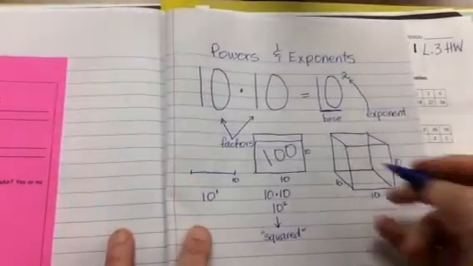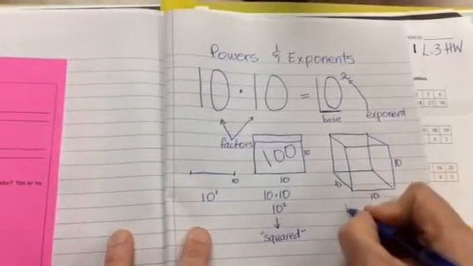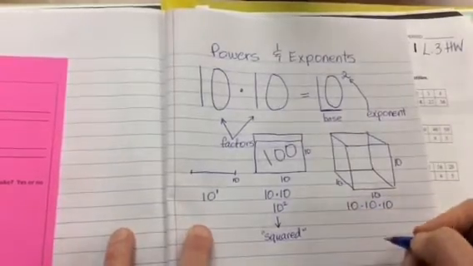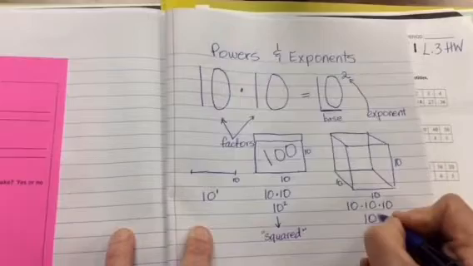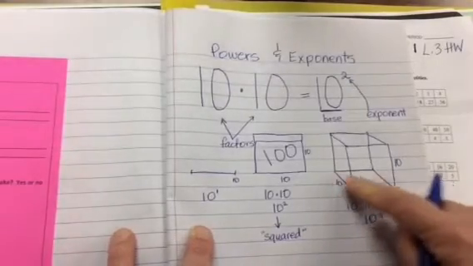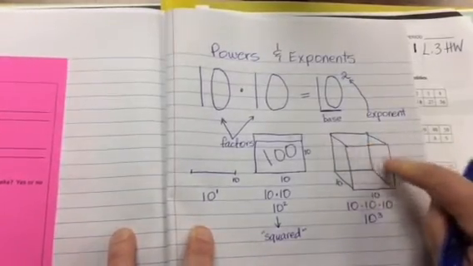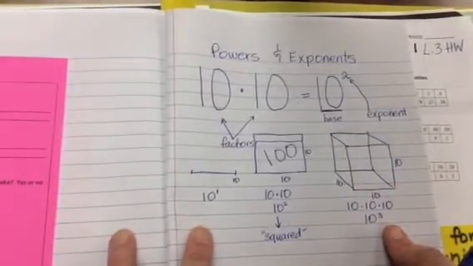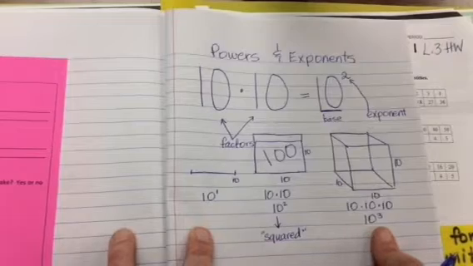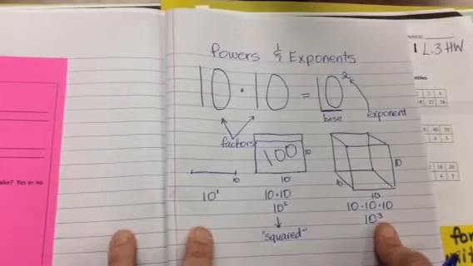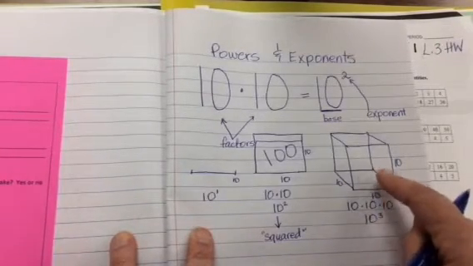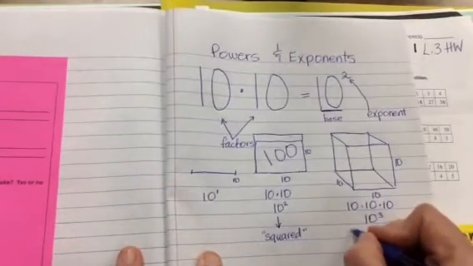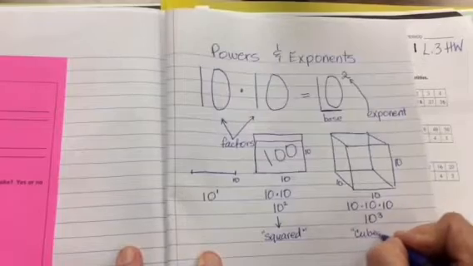If I have the number used as a factor 3 times, we call that cubed, because it's 10 to the third power, which is 10 times 10 times 10, and it forms a perfect cube. Whatever your base is, if you cube it, it will form a perfect cube. So if you had 4 by 4 by 4, that would be 4 cubed.